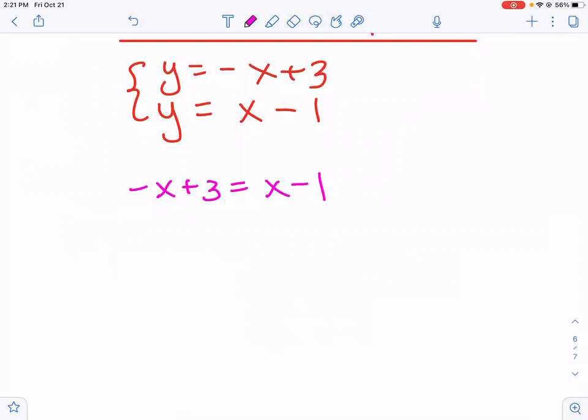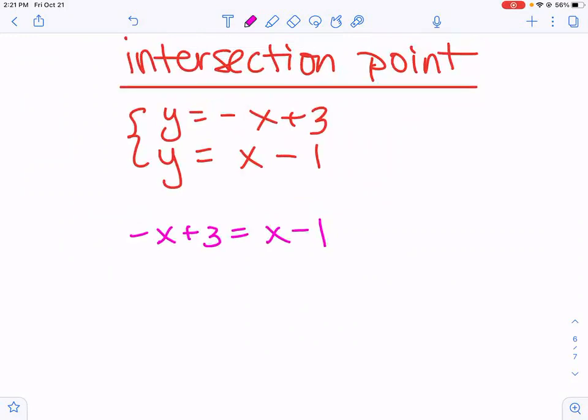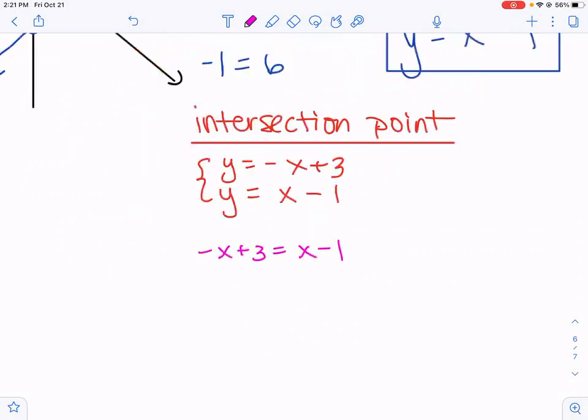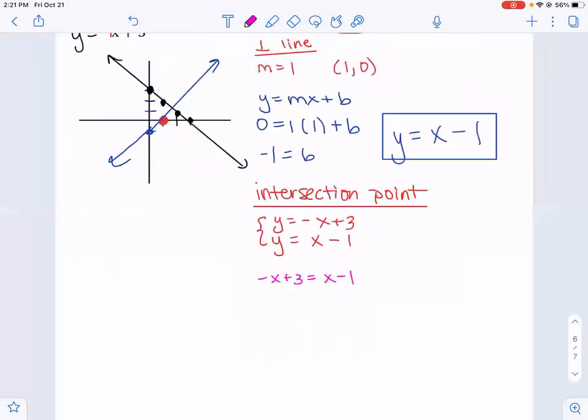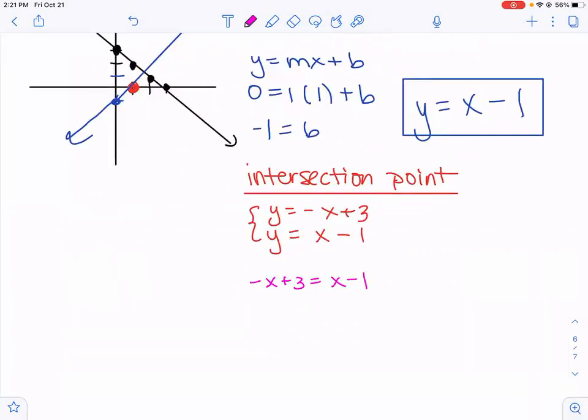I'm confused on why those equal each other. Is it because both the lines are like vertical angles or perpendicular? It's because I'm looking for this intersection. Last year in algebra, you figured out where that intersection was. This coordinate right here has the same x and y coordinate from both lines. That's one coordinate.